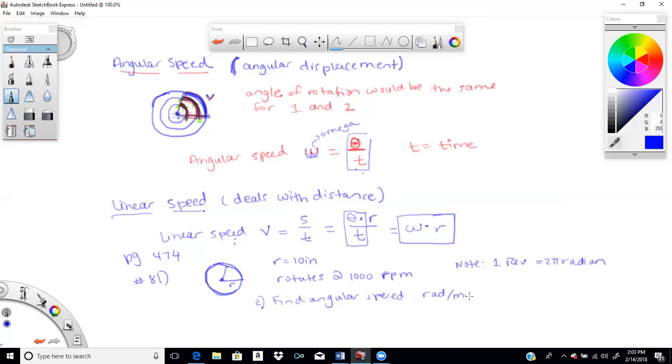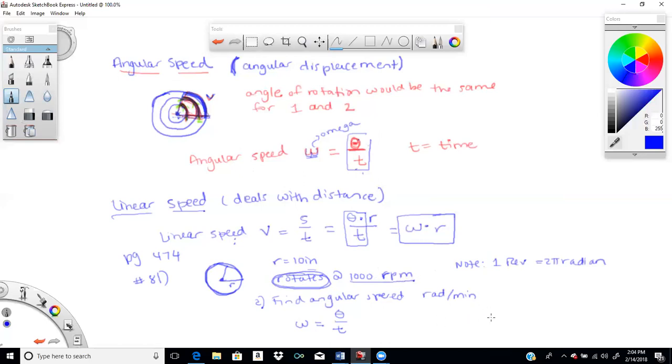We know that angular speed omega is equal to theta over time, right? We're actually given the angular speed at 1,000 revolutions per minute. Because it rotates, that's at an angle, that's the rotation. So we just need to convert 1,000.